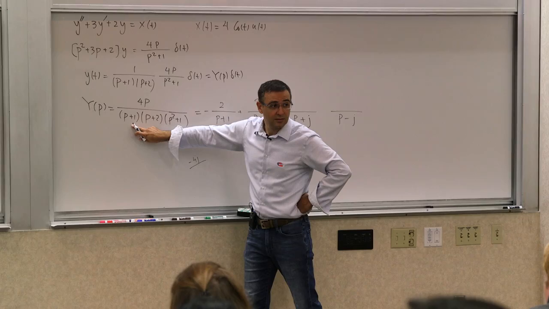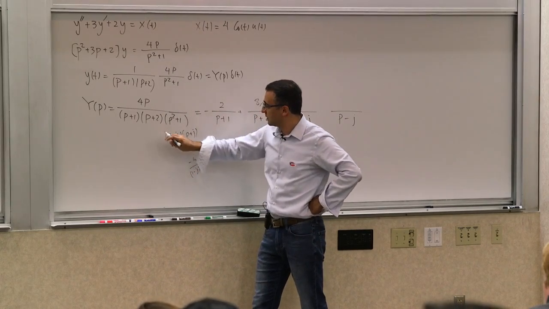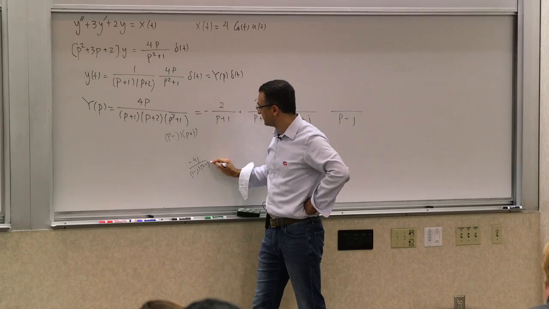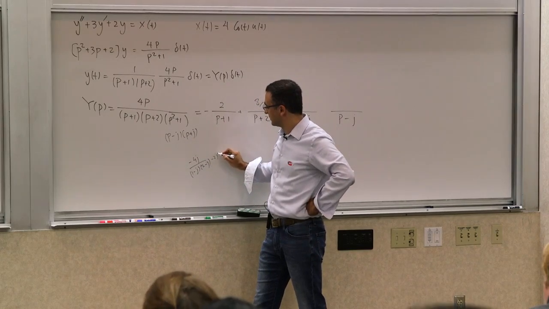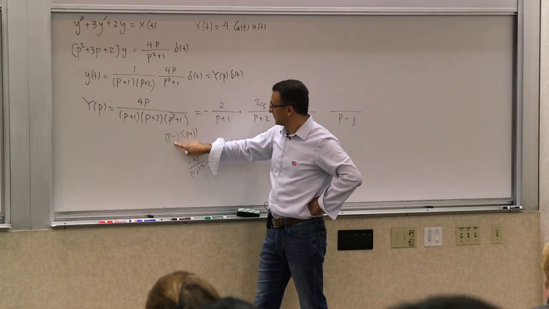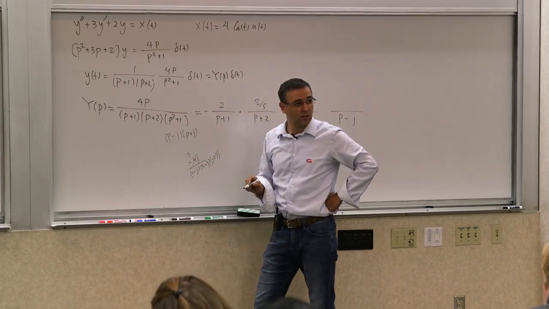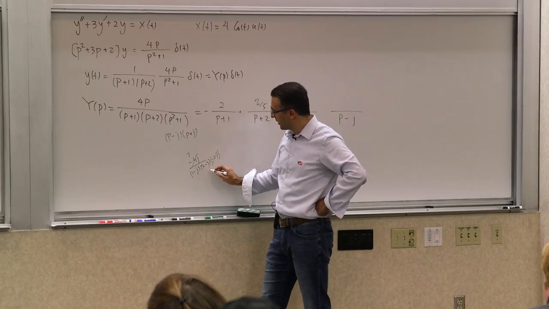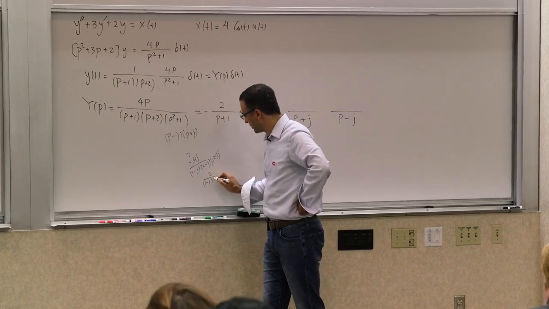And then what do I get here? 1 minus j, okay. 2 minus j, negative 2j from that, which with the negative 4j gives me 2. So I'm left with 2 over 1 minus j times 2 minus j.